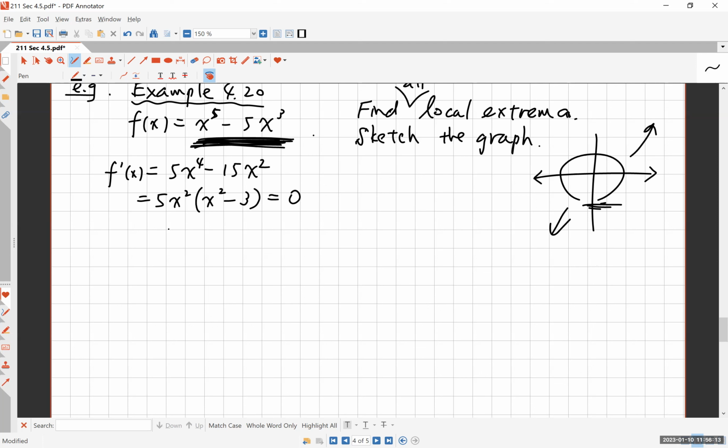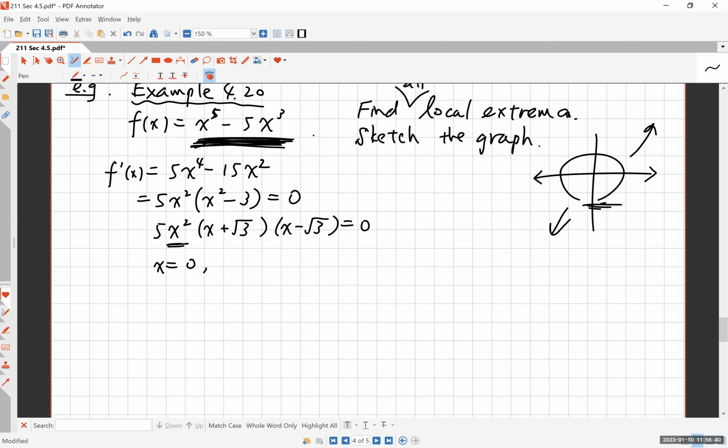Okay, so this is a 4th degree polynomial. You have 5 times x squared, and then x plus root 3, x minus root 3. You don't actually have to factor this, but this makes it easier for you to see the roots of this 4th degree polynomial, right? That's 0.